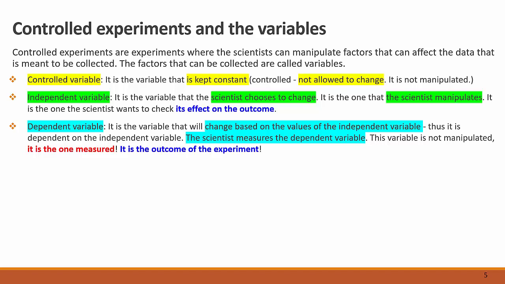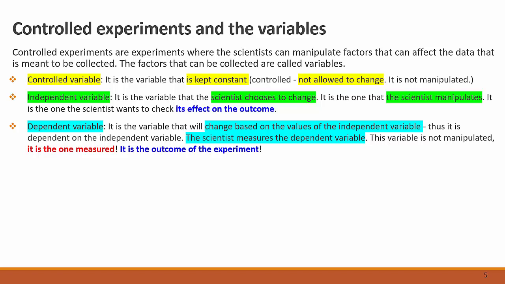It is the one that we are going to manipulate in the experiment. In one pot, we might water twice every day. In the other pot, we might water only once, etc. It is the one that's going to affect the outcome. That's what we call the independent variable.